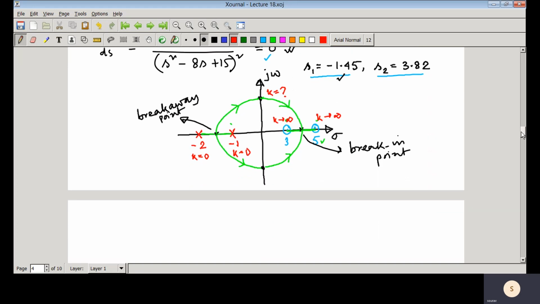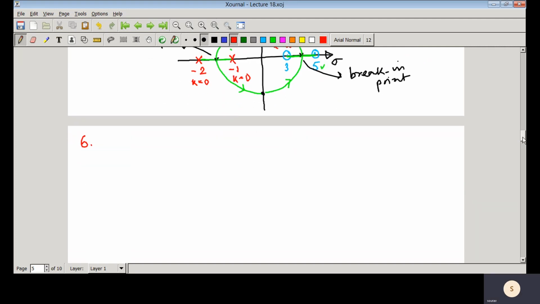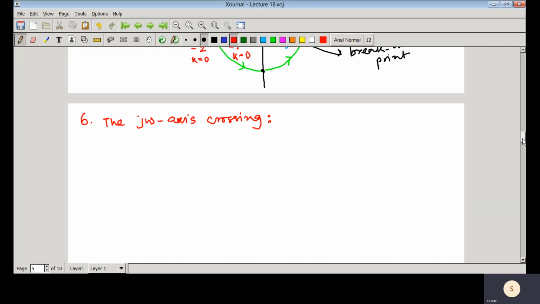So this is rule 6, the j omega axis crossing. For finding the j omega axis crossing, we apply the Routh-Hurwitz criterion, and from the Routh table we can find the value of K and the point at which they cross the imaginary axis.